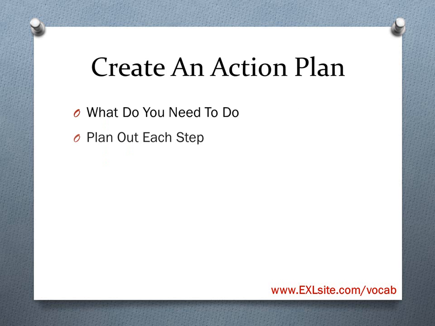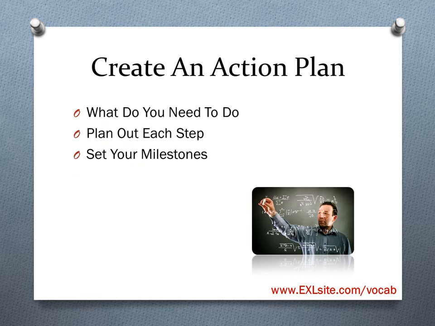Step number 3 is create an action plan to achieve your ultimate objective, to reach your goal. So list out what you need to do to make that happen. There's several ways to do this. There's one very useful technique called a backward plan, where you start with your ultimate objective in mind and think about each step that you'll need to take before that happens.